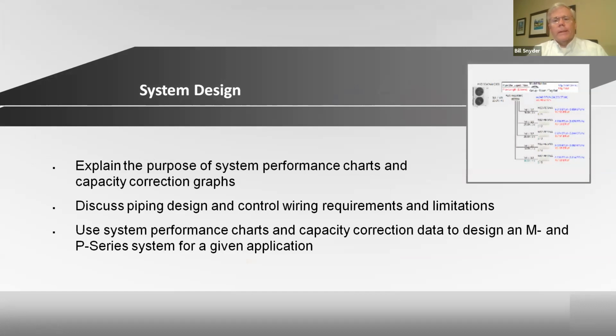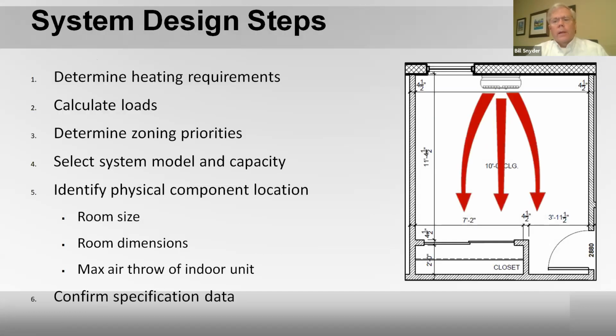Okay, let's go a little bit into system design here. When we're laying out a system, we should always determine the heating and cooling requirements and do a heat loss on the space. This particular space looks like it's 11 by, I don't know, add this up, 10, 11.